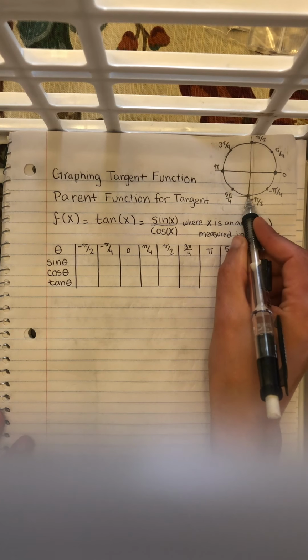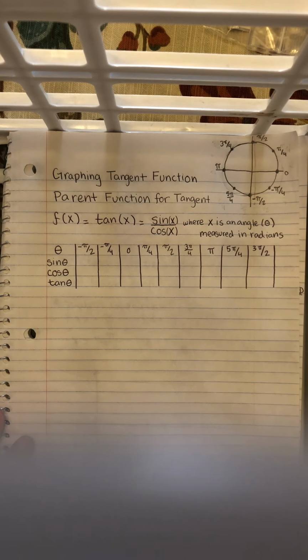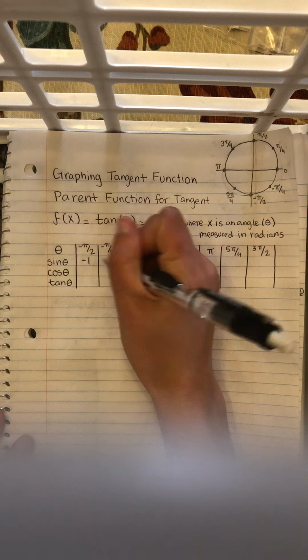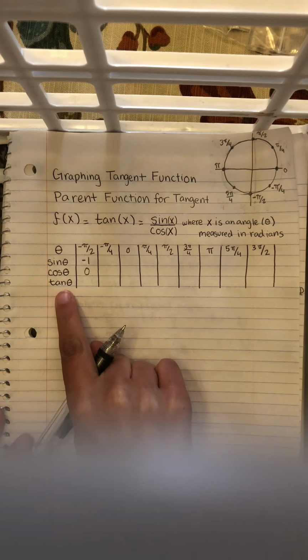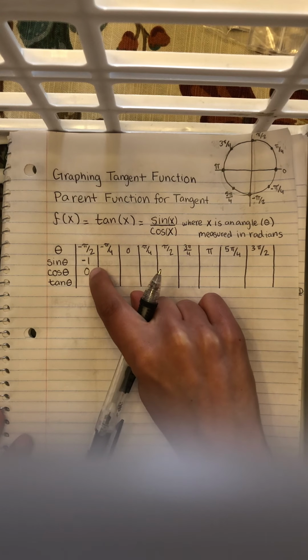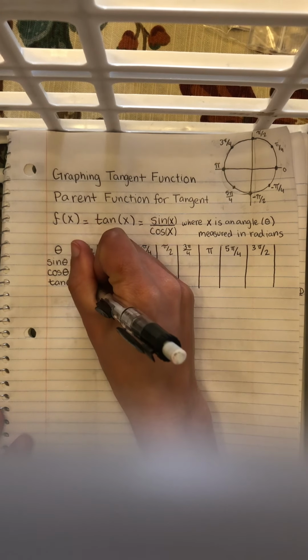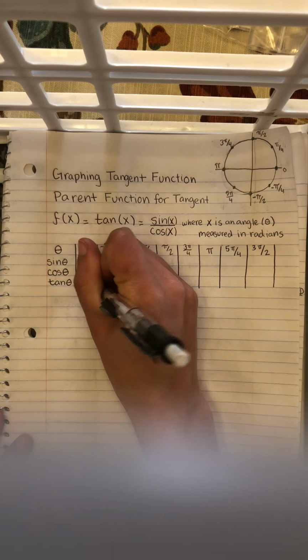And as we go around the unit circle, the coordinates for this point is 0, negative 1. So the sine is negative 1. The cosine is 0. And the tangent is going to be sine divided by cosine. Since we're dividing by 0, the tangent at negative pi over 2 is undefined.